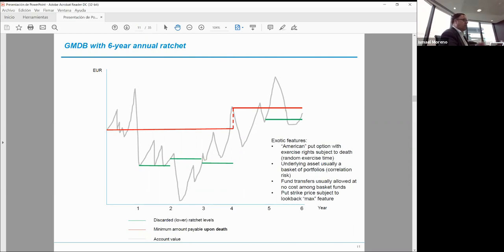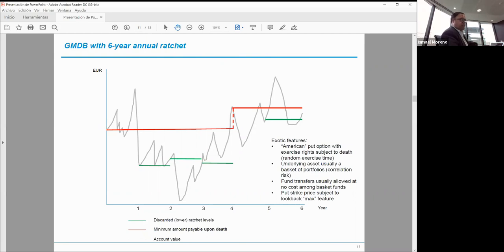If you see the example, well, you buy the GMDB first of all, so the guarantee level is the same as the fund value level at the origination of the product. Then the fund value goes down, then nothing happens. But if the fund value goes up, and then there's a ratchet day, an anniversary day, then if the fund value is above the guarantee, the fund value would consolidate and increase the guarantee.